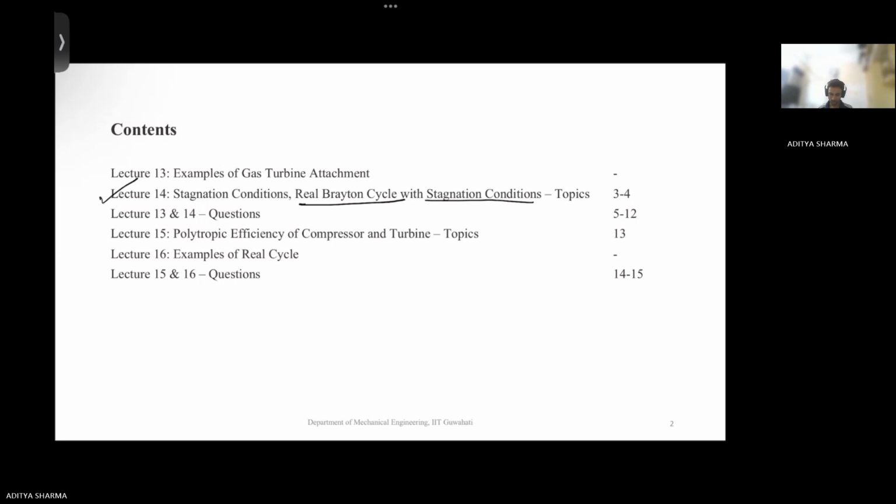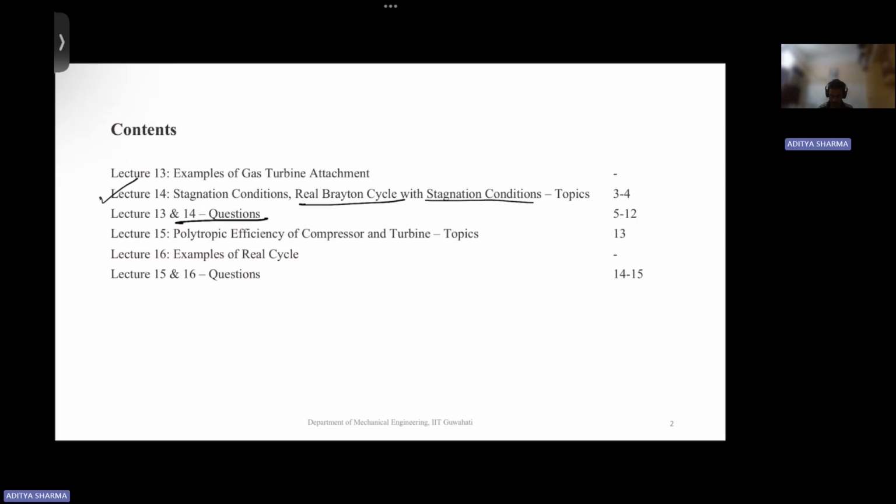But in reality, it is not like that. So at some point, if we want to discuss the real scenarios, we'll have to now remove some assumptions from this point onwards. So this is related to that only. Then there are questions related to both the lectures. Lecture 13 and 14.